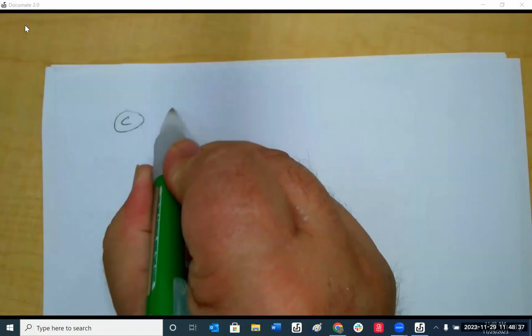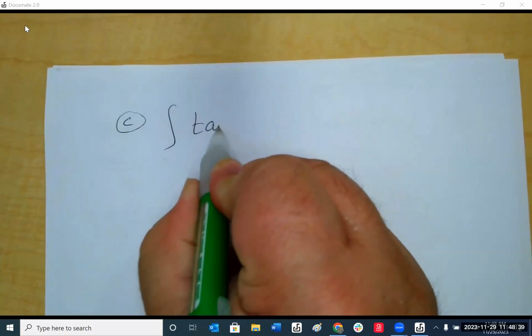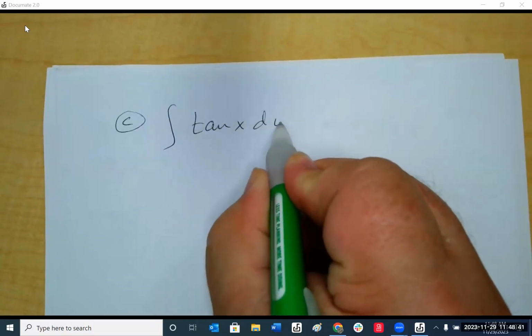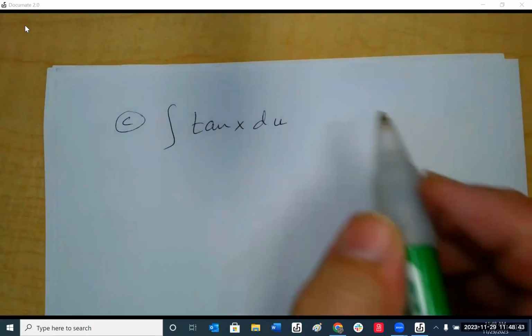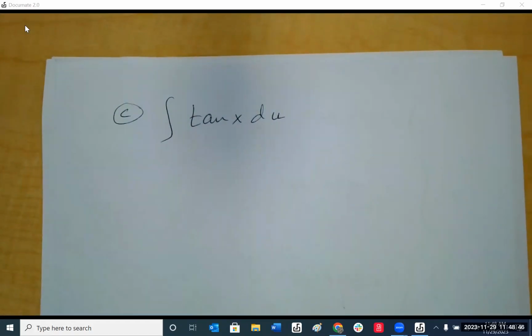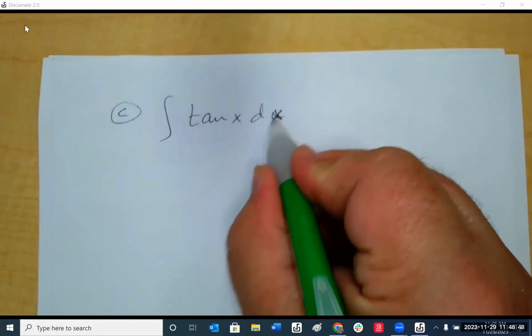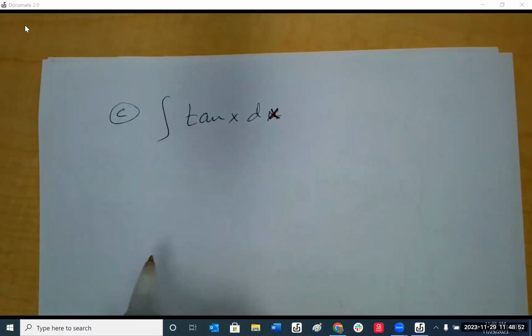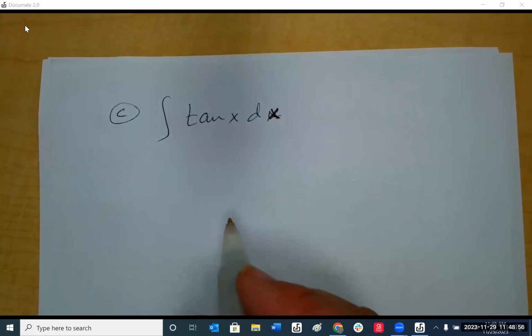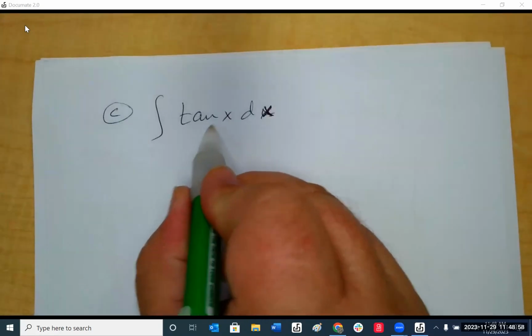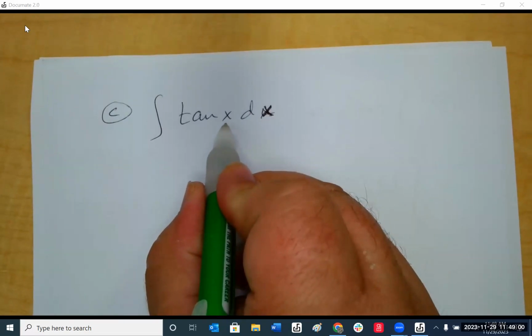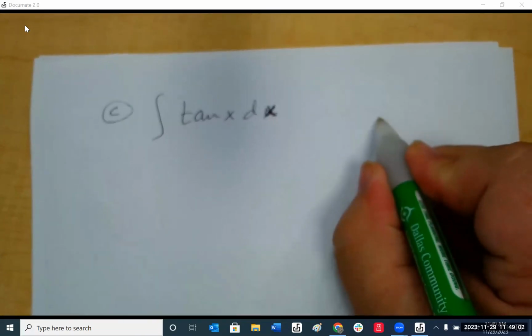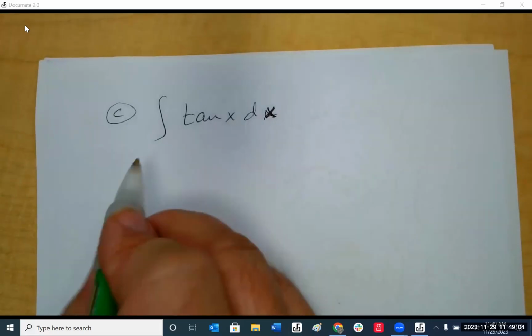And the last one is the integral of tangent x dx. I think it should be x dx. Yeah, it's going to be x dx. Okay, so what do we know about this? What's the integral of tangent?